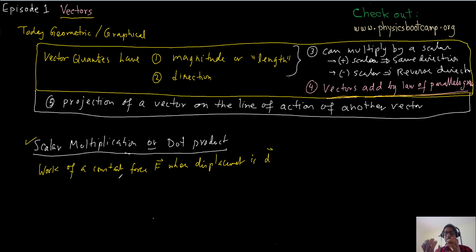When you want to find the work, you have what is called the dot product or scalar multiplication. So you take the force and multiply it by the displacement, and you get a scalar.